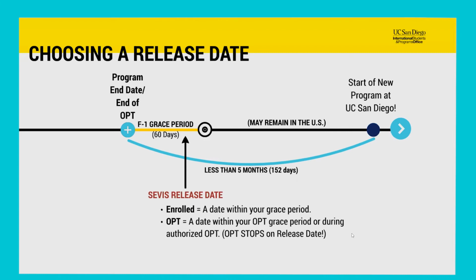So I have a great question in the chat, and I'd like to actually answer this live. A student has already initiated the SEVIS transfer process, and they have chosen a release date of May 1st. And in iPortal, the status of their application, their I-20 request, says that it is in preliminary approval.